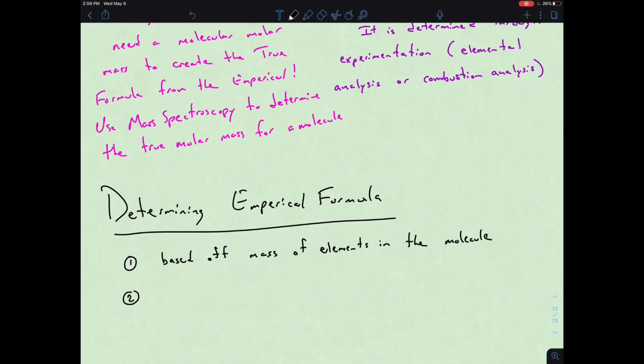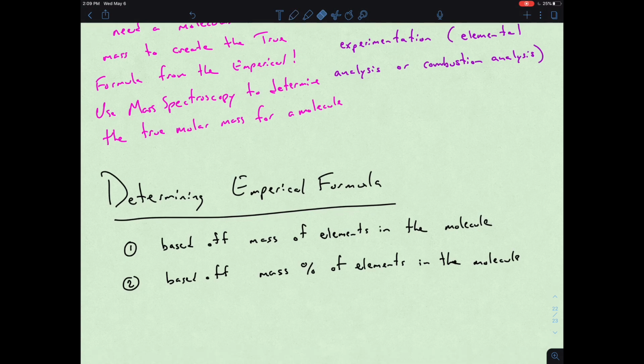Second type of version we would see would be kind of the same idea, but based off mass percent of elements in the molecule.